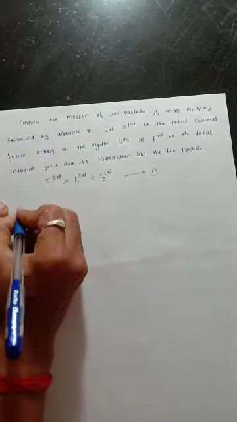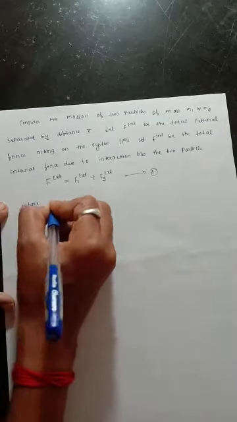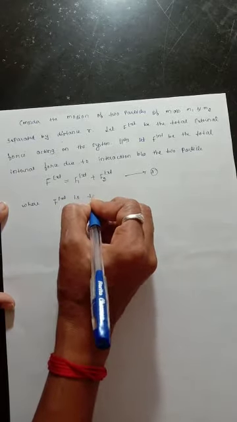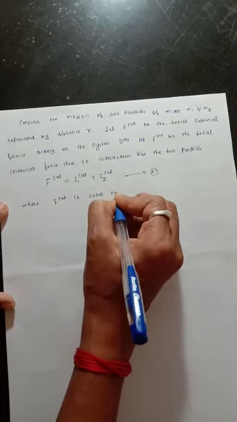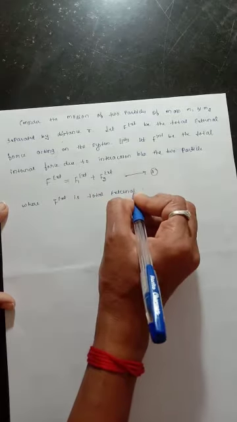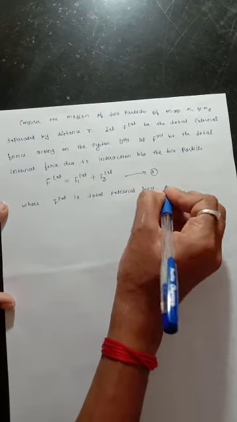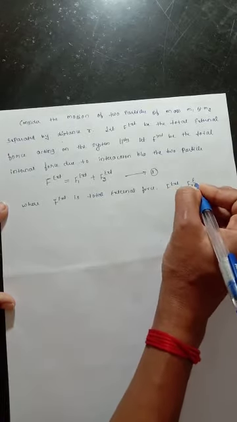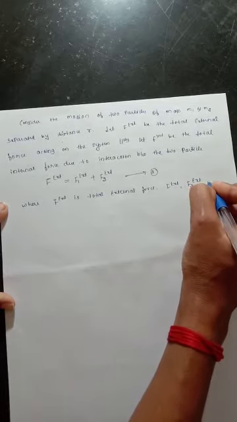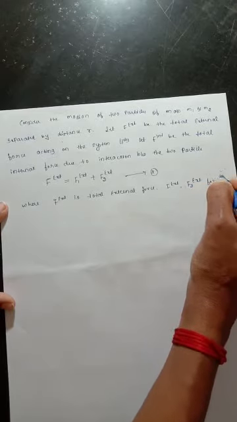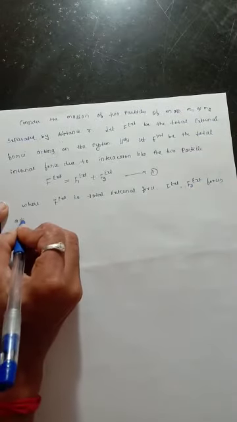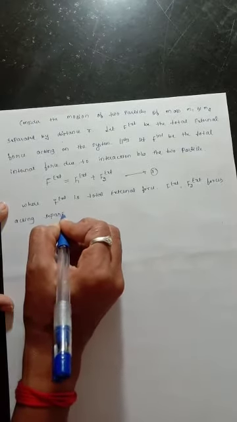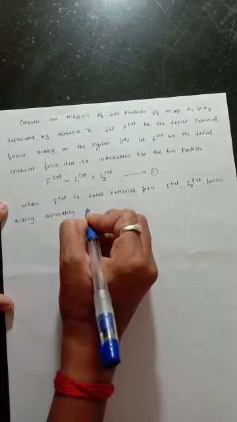Here F external is the total external force. F1 external and F2 external are the forces acting separately on the two particles.